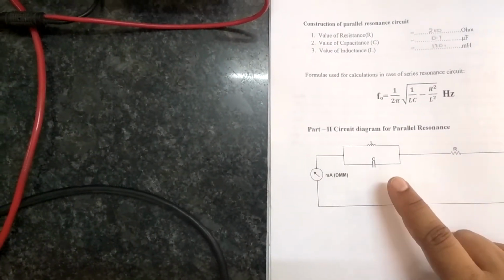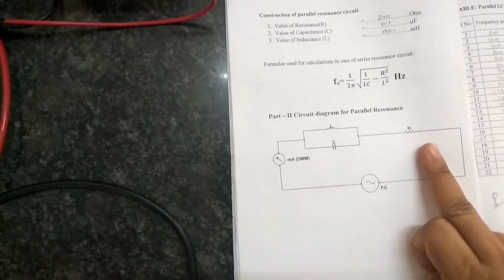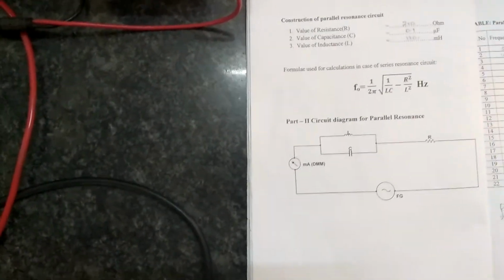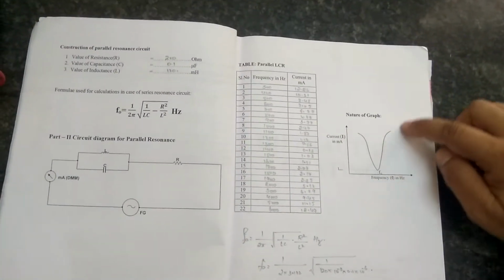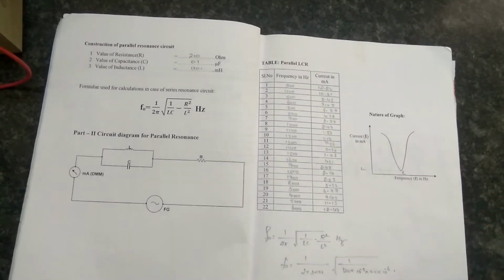Accordingly, the parallel resonance will be done, where the inductor and the capacitor are connected in parallel and in series to the resistor. Similarly, we get the nature of the graph where from the maximum, the current goes on decreasing and becomes minimum, and thereafter again increases upon increasing the frequency.